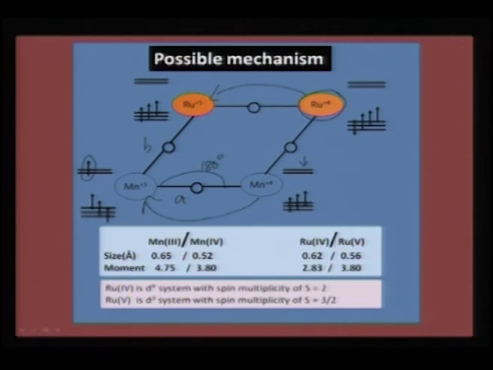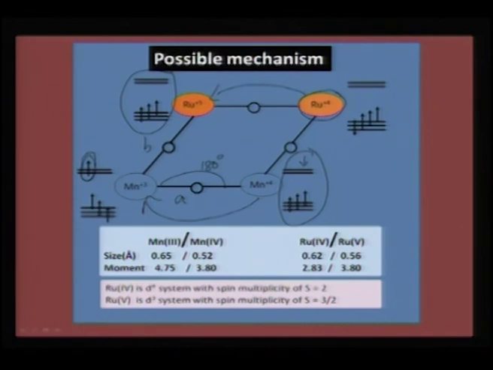As a result, if you carefully look at the T2G Eg level of ruthenium 5 plus and the T2G Eg level of your manganese 4 plus, the parentage of the T2G Eg orbital is the same. In other words, we are providing two pathways for this itinerant Eg electron to hop.